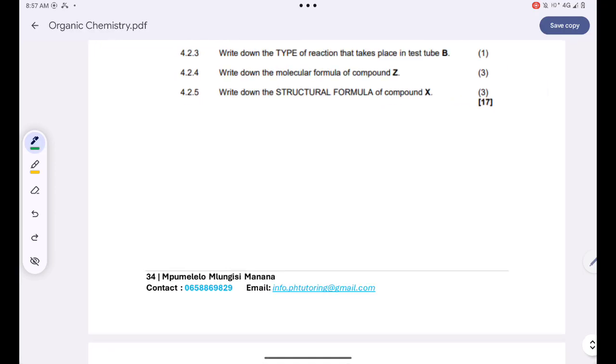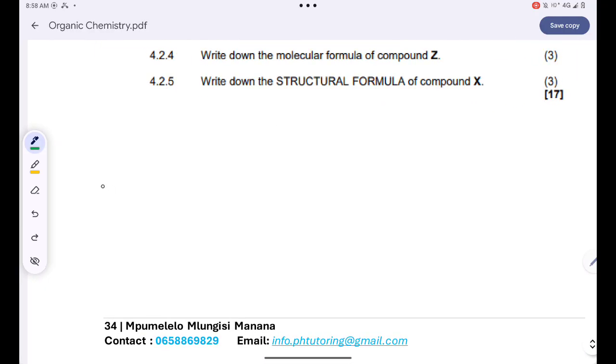We are moving from a haloalkane, which has a side chain like this. Hydrogen, hydrogen, hydrogen, hydrogen. And then remember that we had our chlorine over there, né?